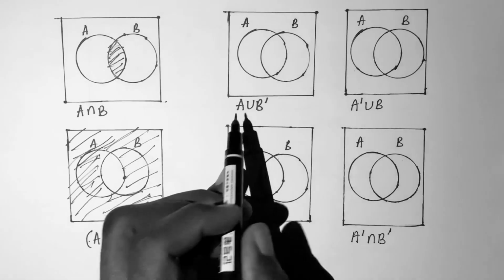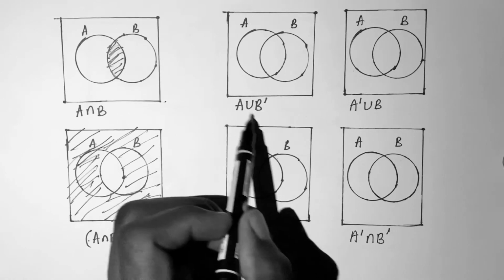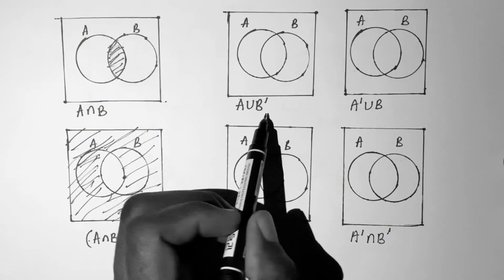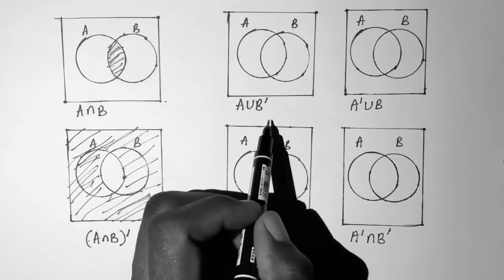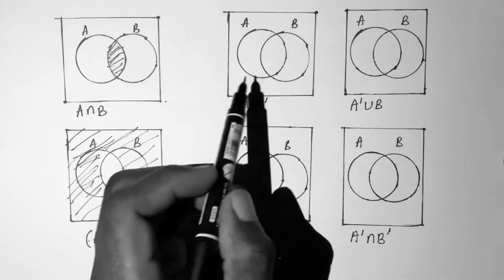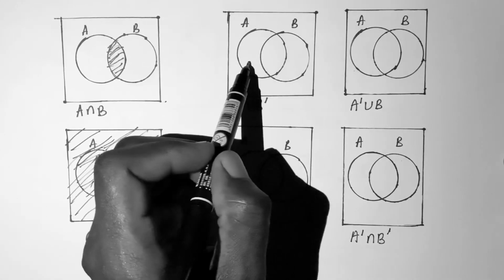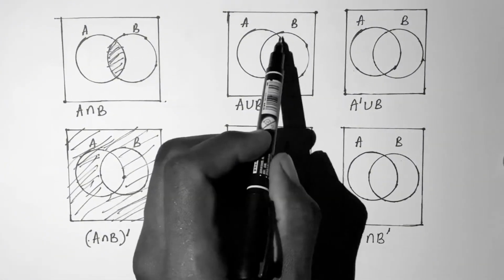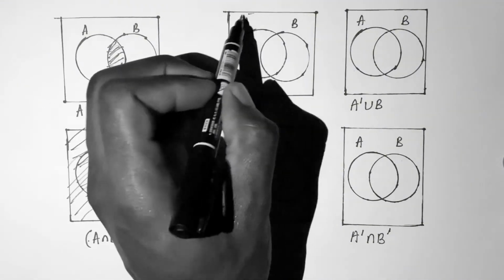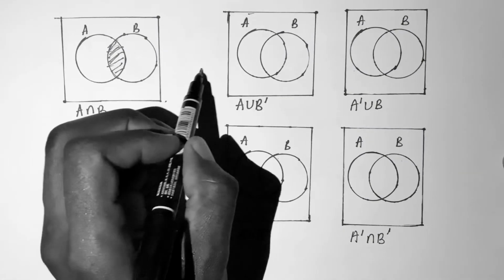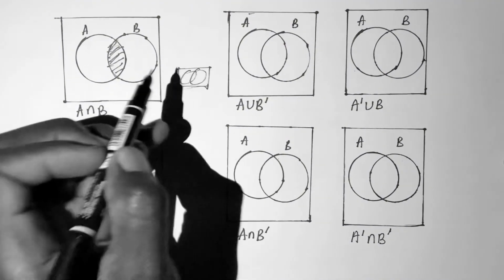And then now, let's come here. A union B complement. So the first thing is that we need to find B complement. So B complement is all of the regions outside of B. And then A. So this is A. All of this region is A. Then B complement, all of the region outside of B. So let's first draw a small Venn diagram here.